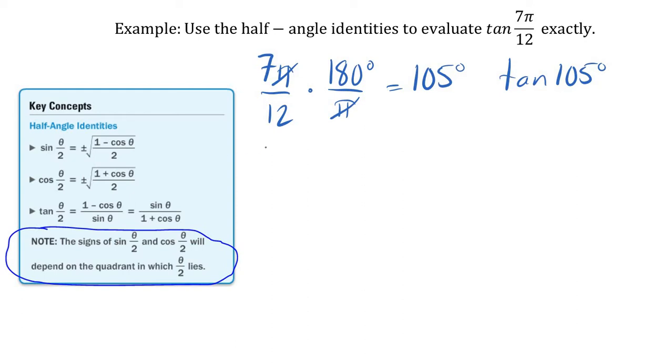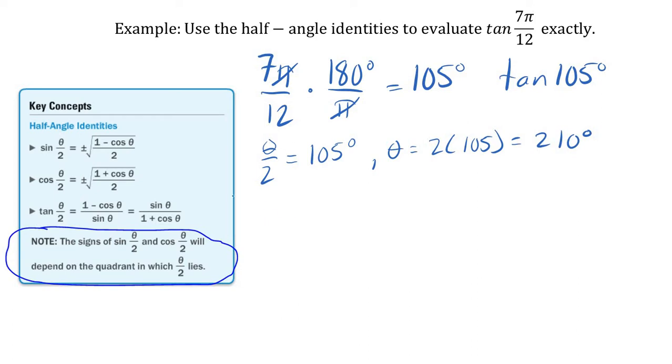So remember, in this case, let me just reiterate, theta over 2 equals 105. So what would theta be? Well, it's going to be 2 times 105, which is 210 degrees. What's nice about that? Well, 105 is not on the unit circle, but 210 degrees is. So let's go ahead and use our formula.